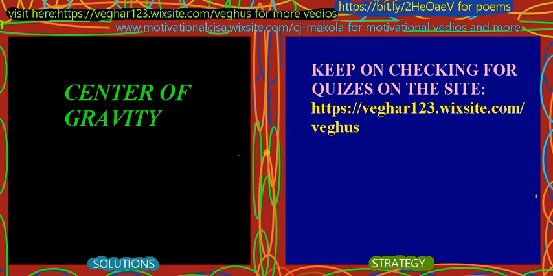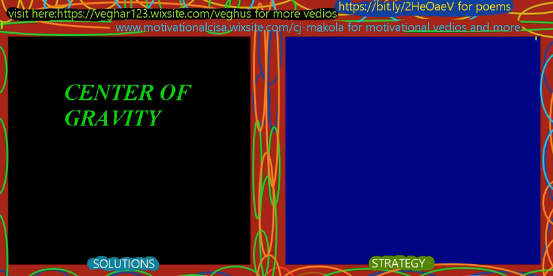When you look at the center of gravity, there are two formulas to use. We have a formula like this. This one represents the x bar of the center of gravity, and this part represents the moment of the gravity, taking the moment where the body is.